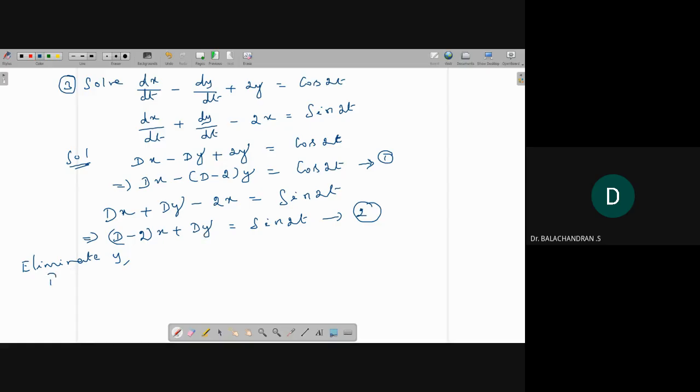Equation 1 into D implies D square into x minus D into (D minus 2) into y equals D of cos 2t. What is D of cos 2t? Minus 2 sine 2t.